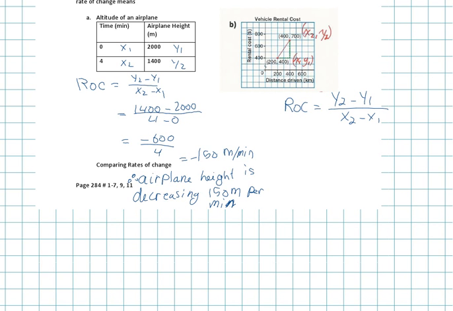So y2 is 700 minus 400 over 400 minus 200. So the y value is first, and then the x value is second.